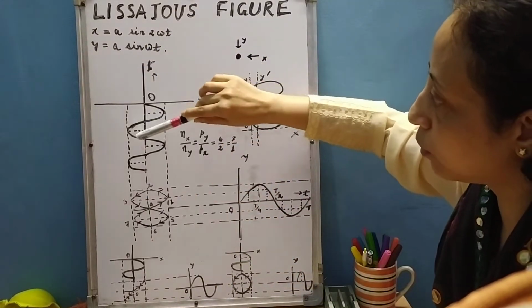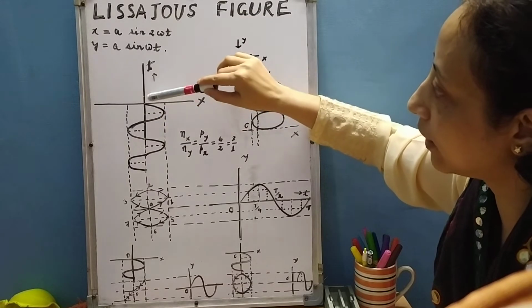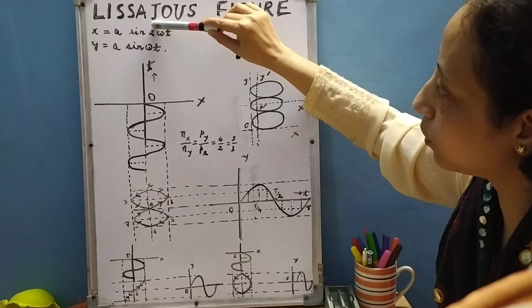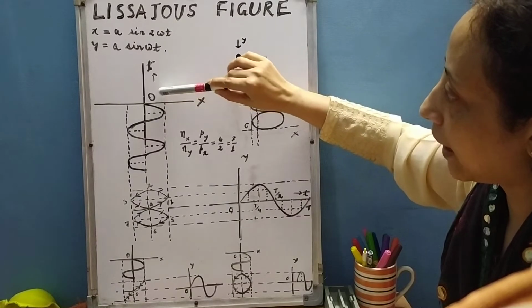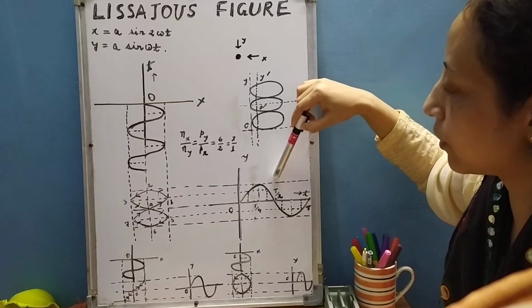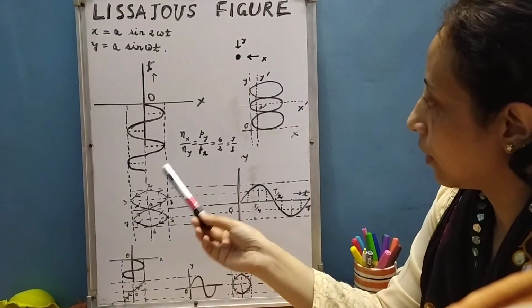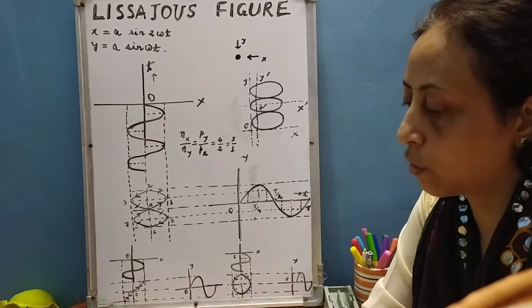We have drawn the two vibrations, both sinusoidal. The difference is that this one has twice the frequency of the second one. So during the time that this one completes two cycles, this one completes only one cycle. Now let us see point by point superposition.